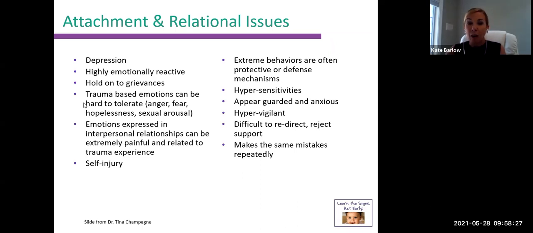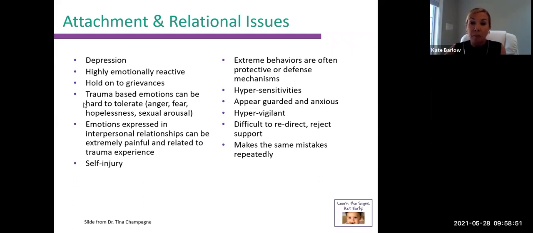Trauma-based emotions can be hard to tolerate: anger, fear, hopelessness. In cases where there's been sexual abuse, sexual arousal can be difficult. Emotions expressed in interpersonal relationships can be extremely painful, especially if they're related to a trauma experience. The person may have self-injurious behaviors.